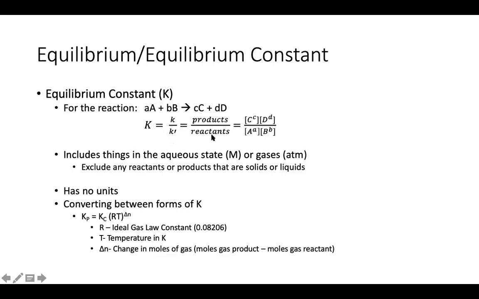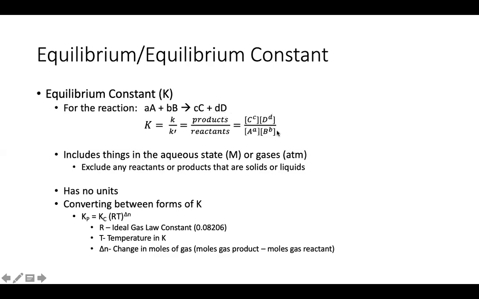It's products over reactants. And then when we actually want to calculate it, we're going to take the amount of products and raise it to its coefficient. So compound C, its molarity will be raised to whatever its coefficient is in the balanced chemical equation. We'll multiply that by the concentration of D, which is also a product, raised to its coefficient from the balanced chemical equation.